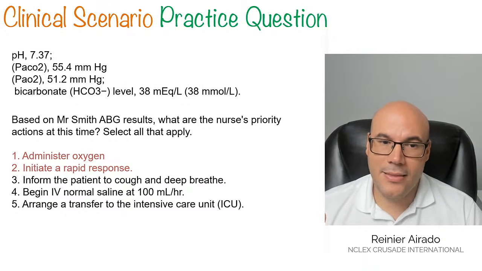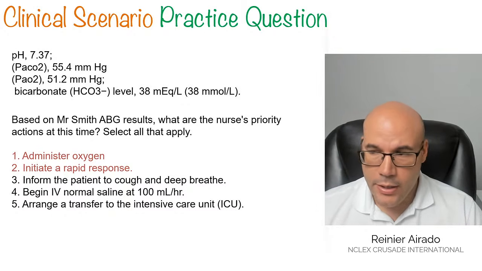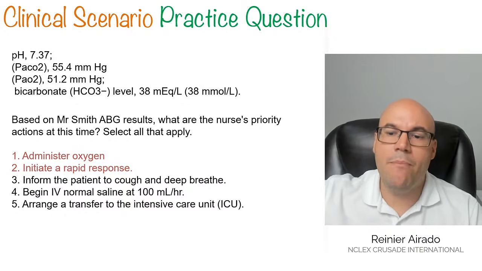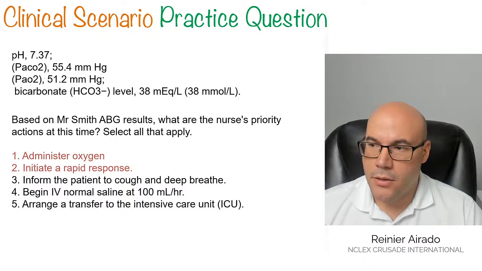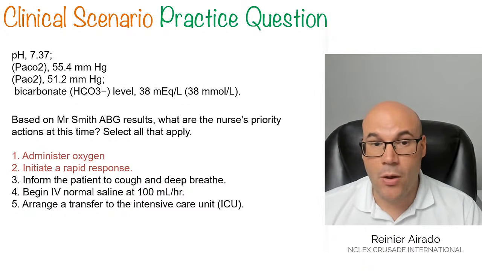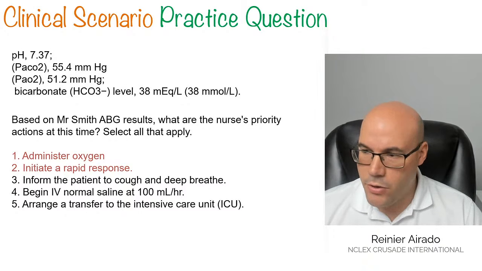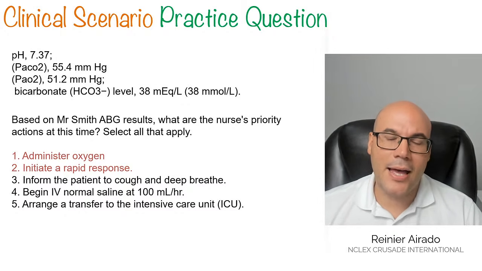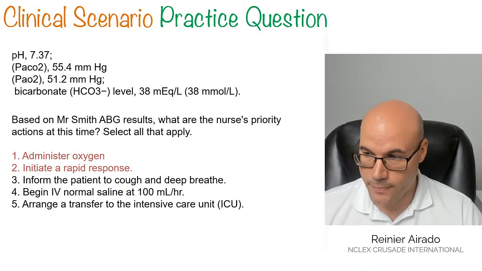The mistake that I see students make all the time is to assume that because of a lab value, the patient should be behaving XYZ way. And sometimes nurses can say, well, if the PaO2 is 51, the patient is unresponsive and confused. We cannot make that mistake. There is no indication on the stem of the question that states that the patient has altered mental status or is unable to follow instructions.